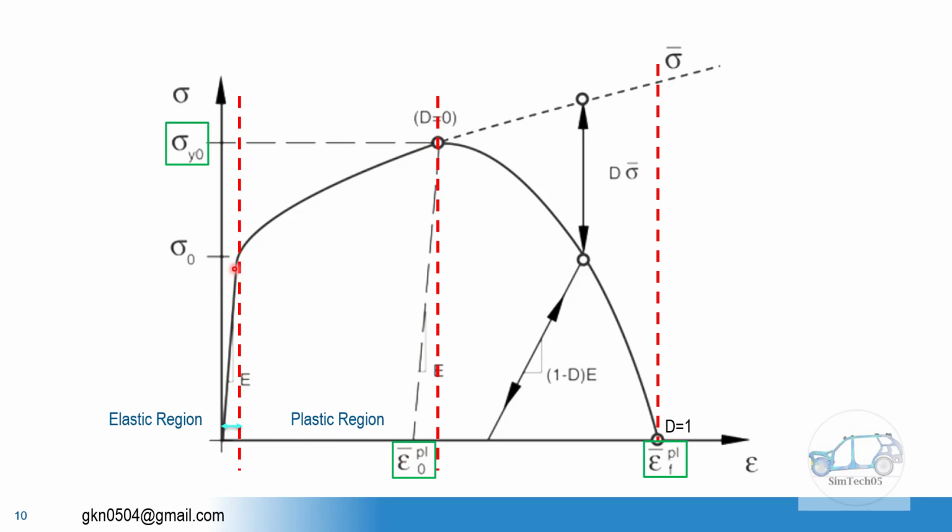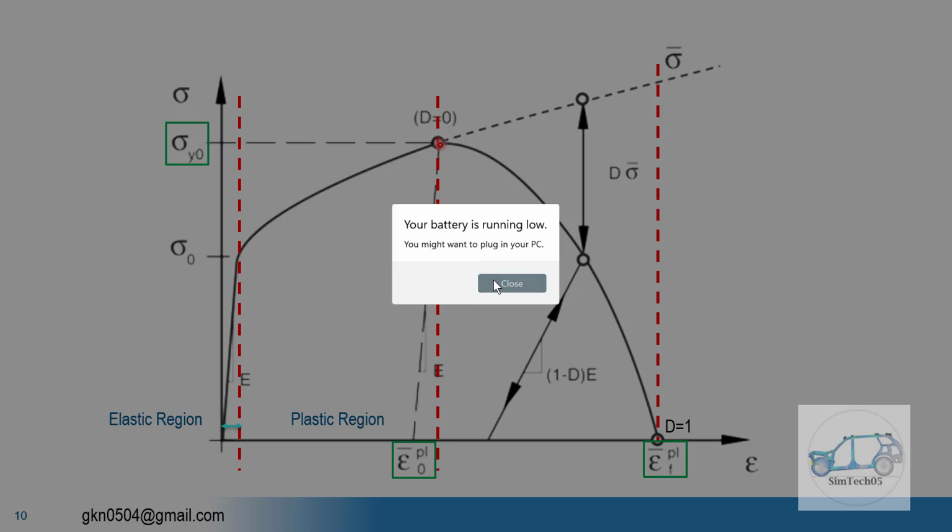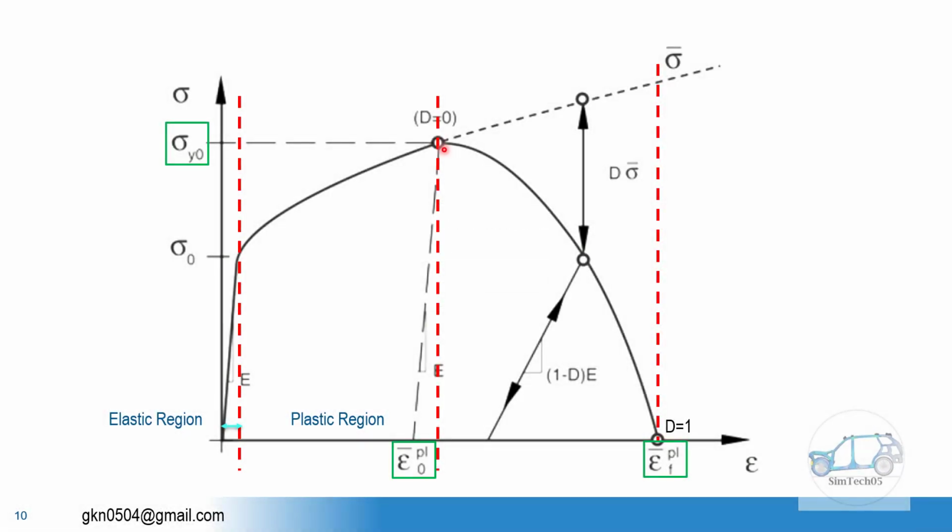We have to draw a parallel line with respect to the elastic line at the ultimate tensile strength. This is my ultimate tensile strength point, and once we cross it, the damage region starts. So elastic region, plastic region, and this is my damage region.